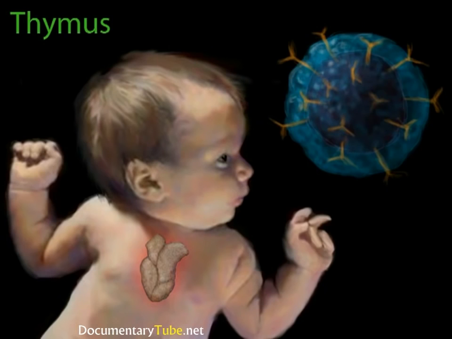Through a remarkable maturation process, sometimes referred to as thymic education, T lymphocytes that are beneficial to the immune system are spared, while T lymphocytes that might evoke a detrimental immunological response are eliminated. For example, if you have type A blood, T lymphocytes which attack the A antigen are destroyed. However, T lymphocytes which attack the B antigen are allowed to mature and enter the bloodstream.